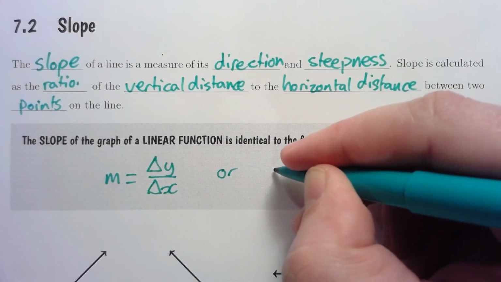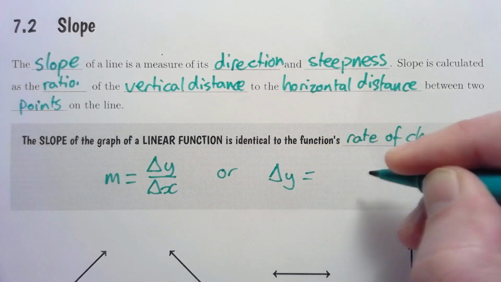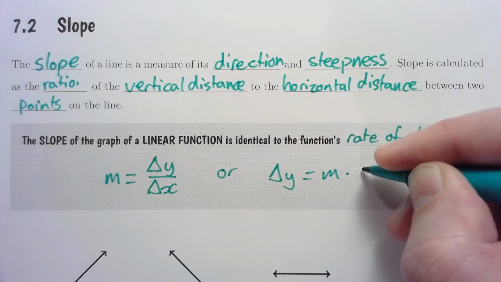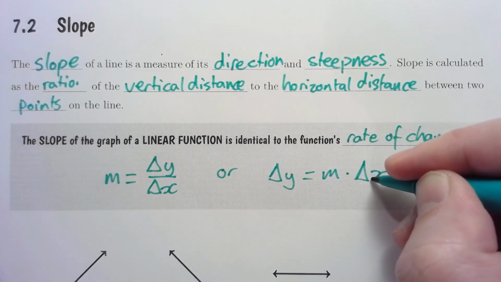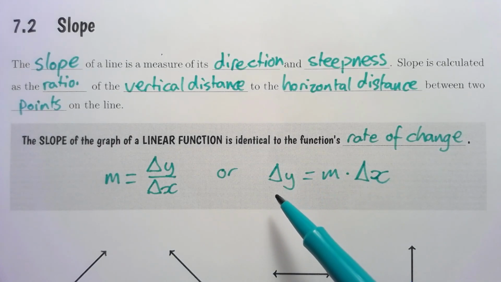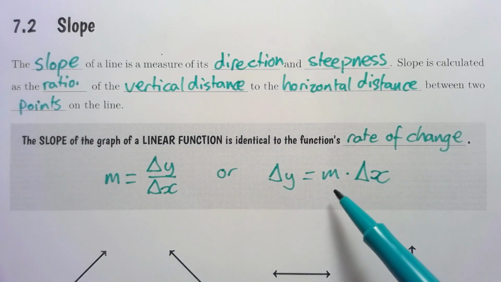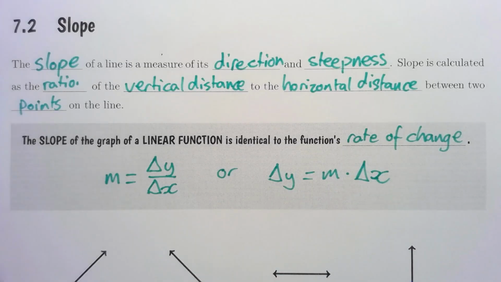We can say that the vertical distance is equal to the slope multiplied by the horizontal distance. Remember, the previous way we had of describing it was that the change in the output is equal to the rate of change times the change in the input. Now we're just using the language of graphs and lines to describe it, but it has the exact same meaning.